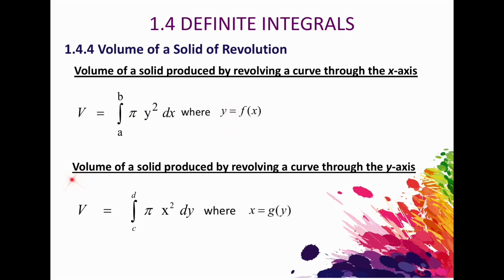When we revolve a curve or a line about the y-axis, we have to express x squared in terms of y, with the boundaries from c to d, where x is equal to g(y).